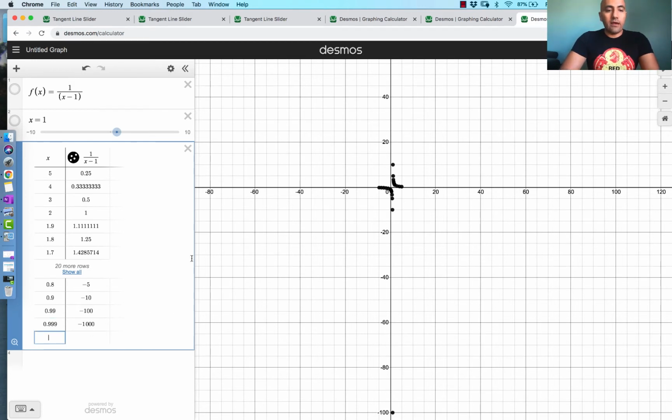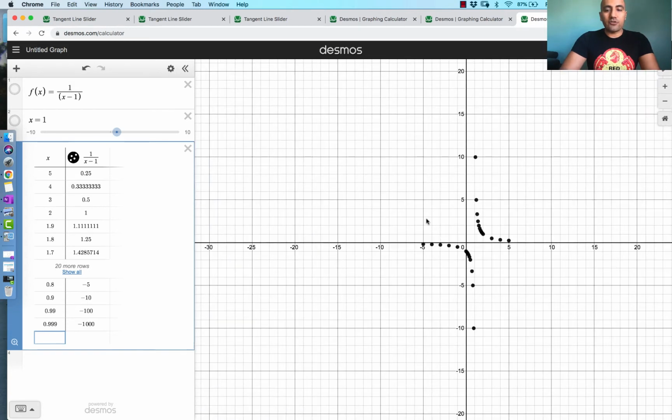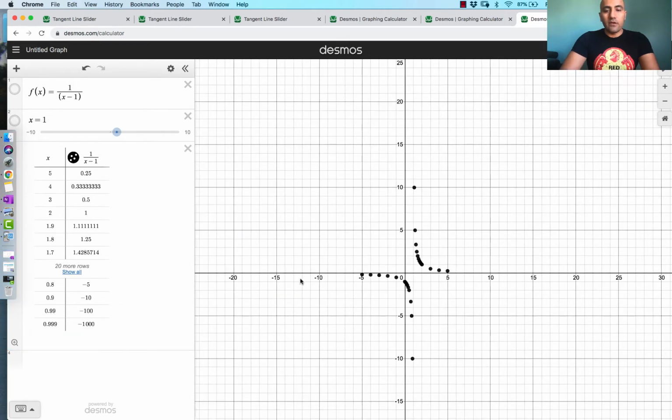Okay, so I graphed individual values using this table, but now if I just come back and graph the entire function, right, if I let the calculator graph an infinite number of ordered pairs, all of them, we see something that looks like this. This curvature here, so let me get rid of the individual points.